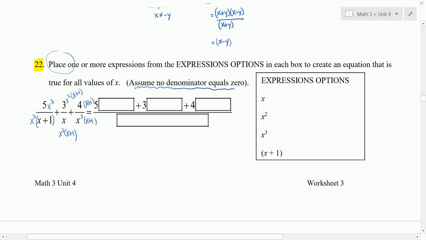So what I've added here, we see our denominator is x cubed times x plus 1. We also see that the 5 is multiplied with the x cubed, the 3 is multiplied with the x squared and the x plus 1, and the 4 is multiplied with the x plus 1. And that's where we stop with this problem. We don't continue to simplify, we just want that first initial step.